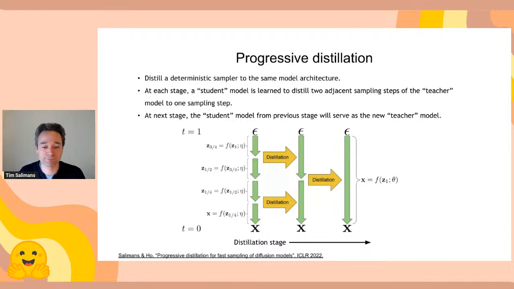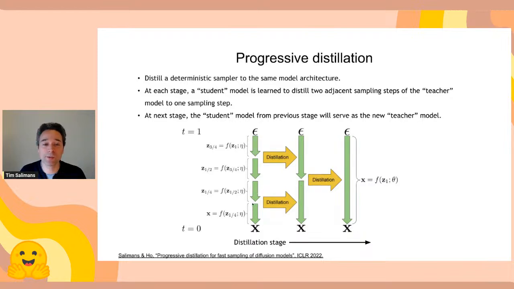On the left here, you see a teacher model that takes 4 steps. And what we do is, for each 2 steps, we try and distill that into a student model that does the same thing, but with only 1 step. So the first 2 steps get distilled into something that takes 1 step to get to the same point.